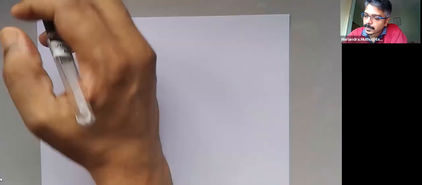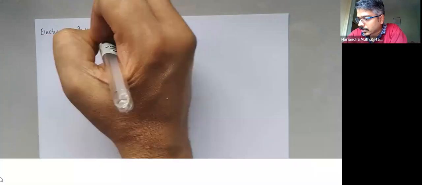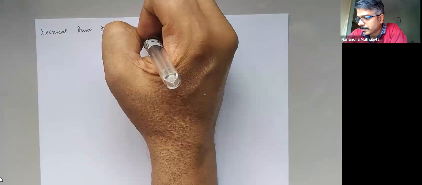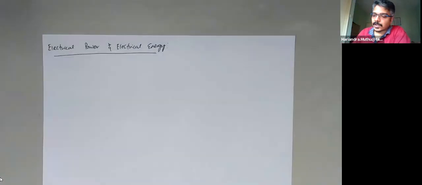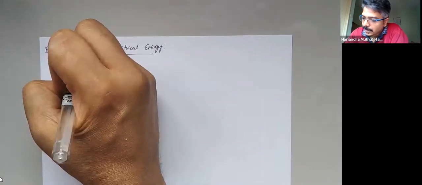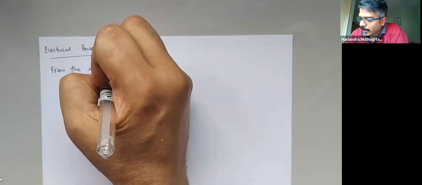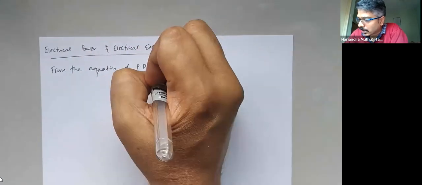Okay, next we look at electrical power and electrical energy. So from the equation of potential difference, V equals energy over charge.